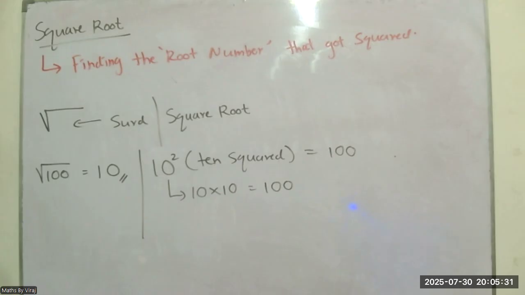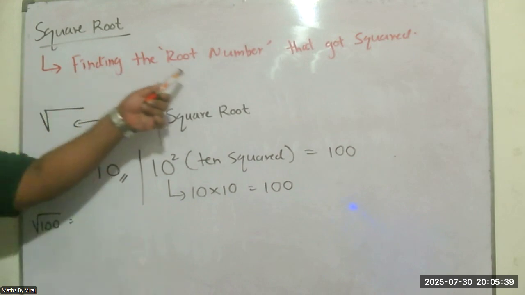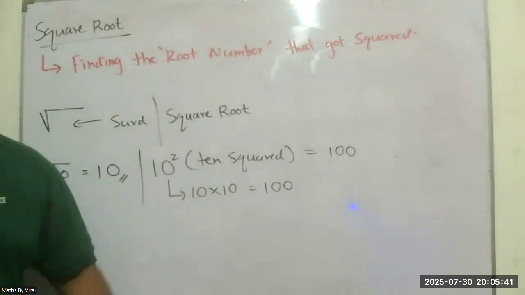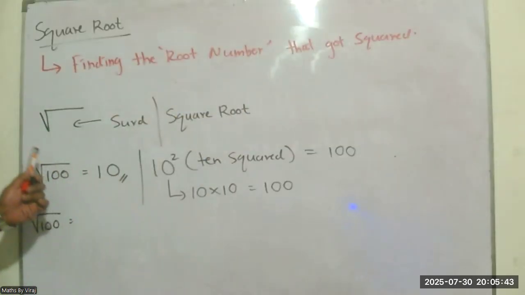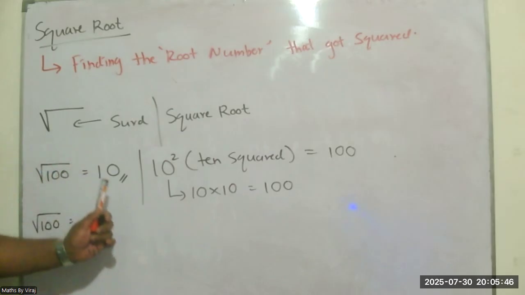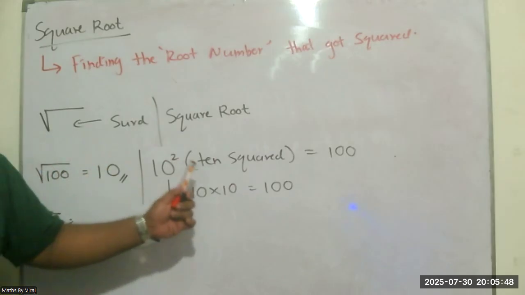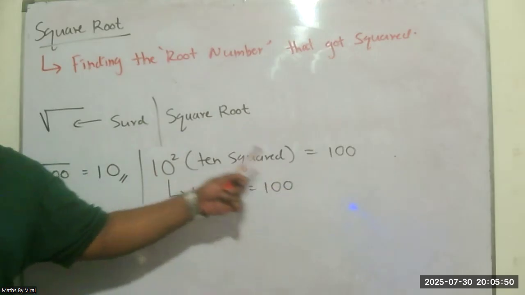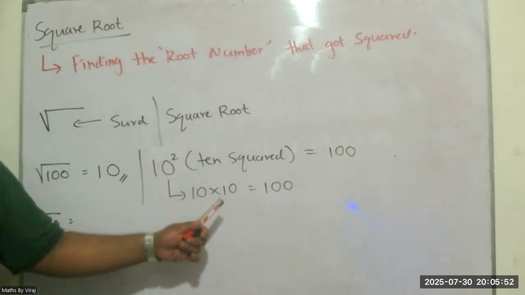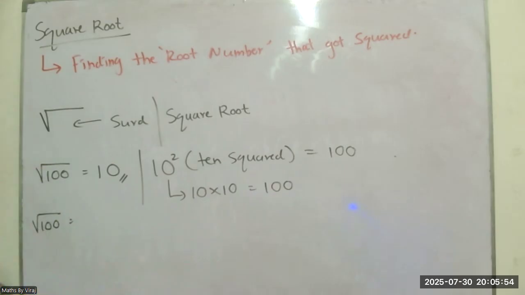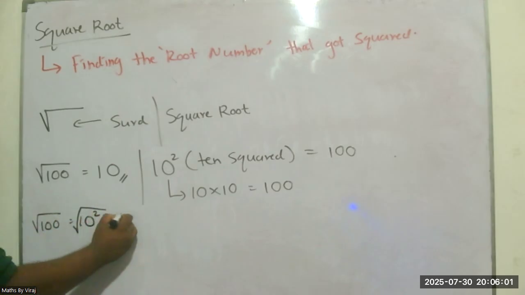So my objective with the square root of 100 is finding the root number that got squared. Now you see that root of 100 is 10. 10 squared is 100, which means that 10 multiplied by 10 is 100. Therefore, the square root of 100 is 10 to the power 2 whole thing rooted, which is 10.